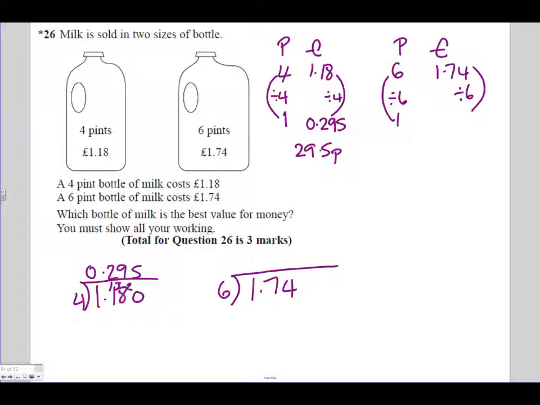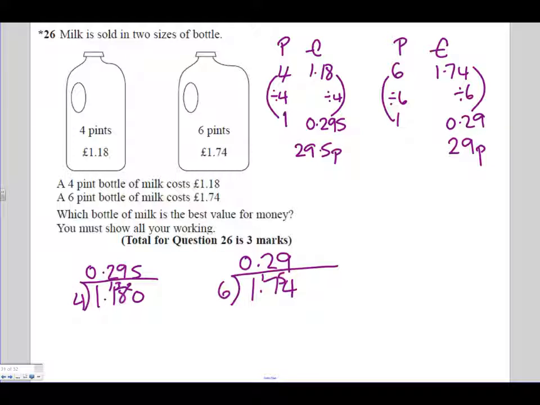So 6 into 1 doesn't go, put the decimal point and carry the 1. 6 goes into 17 twice, so 6 twos are 12, so that's a remainder of 5. 6 goes into 54 exactly 9 times. So 0.29 of a pound, or 29 pence exactly for the 6 pint bottle of milk.